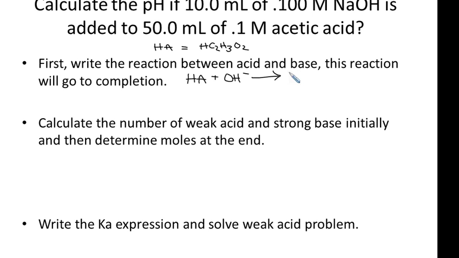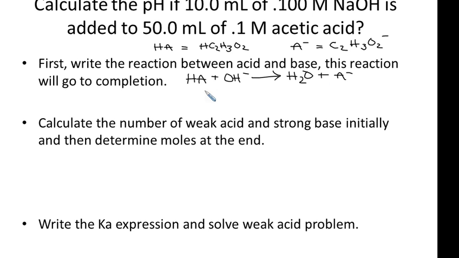And so I will get water when the hydroxide pulls off the hydrogen, and the anion. And just for reference, that anion is the acetate ion. I just don't want to write it out all the time. Okay? So this is the reaction that's going to be taking place.